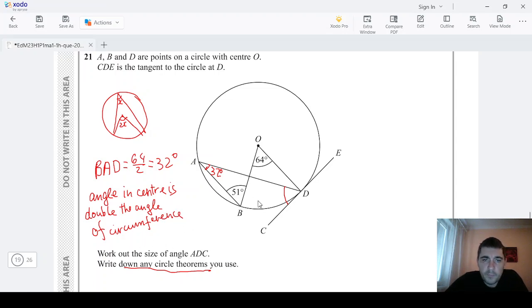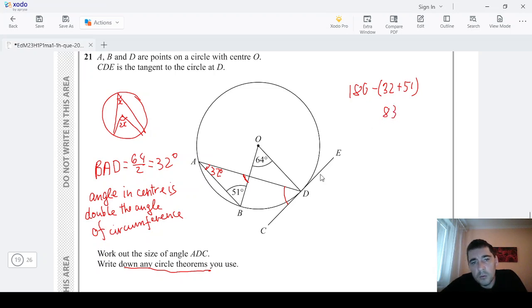Now next bit, always try to work out as many angles as you can. So I can check what's this angle. We've got angle A, there's no letter, so just this angle and B are in a triangle. So to work that out, I get 180, take away the sum of the angles I know, so take away 32 plus 51, which is 83.